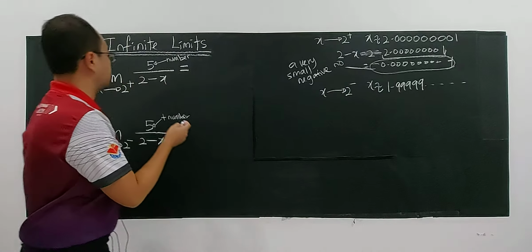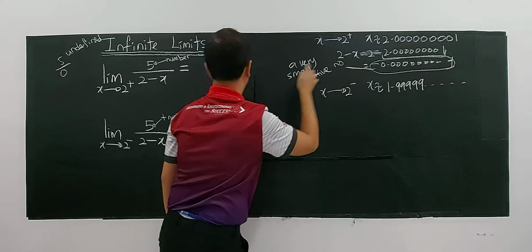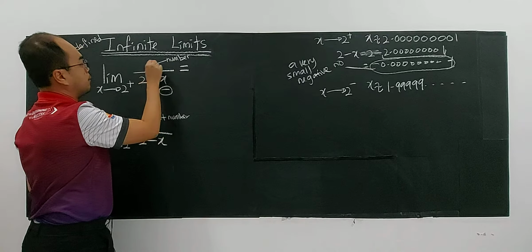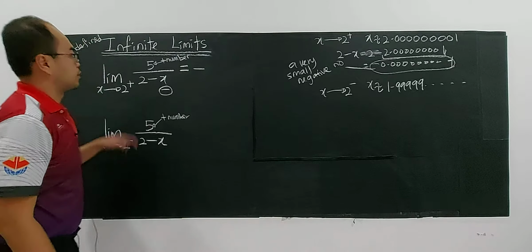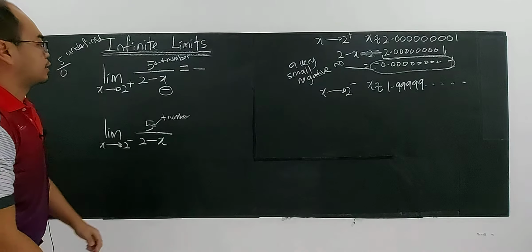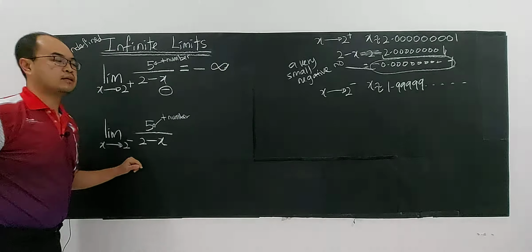So you're getting a very small negative number for 2 minus x, but it's negative. The 5 is positive, so you know that this thing will be negative, because positive divided by negative is negative. So you are getting infinity.